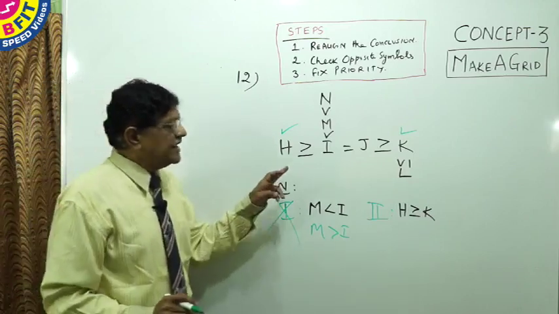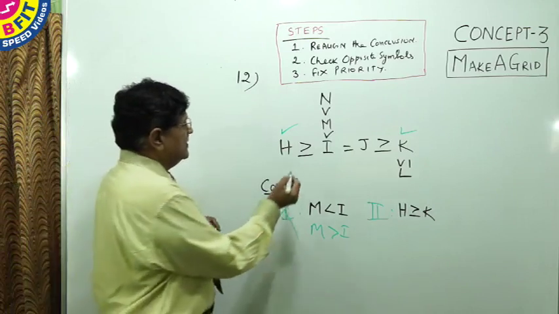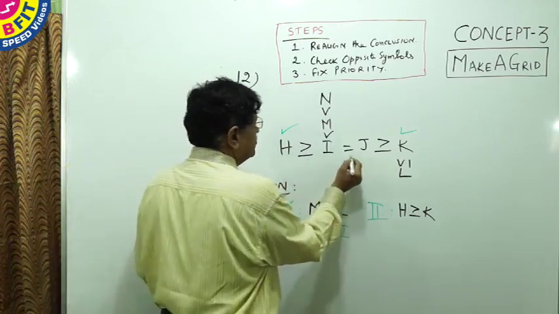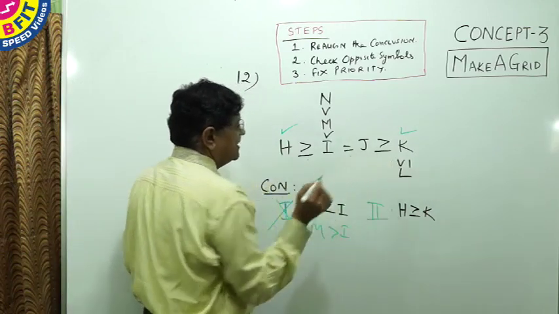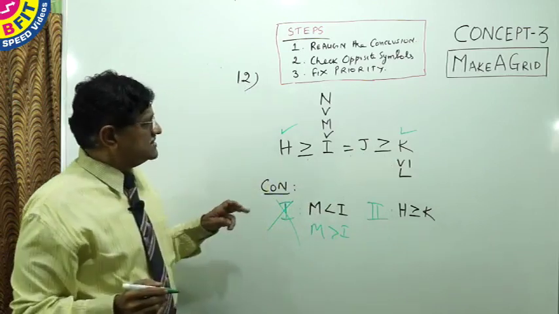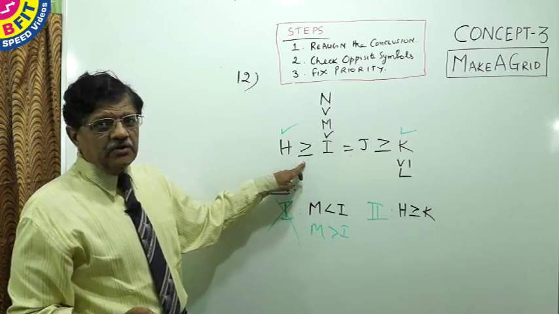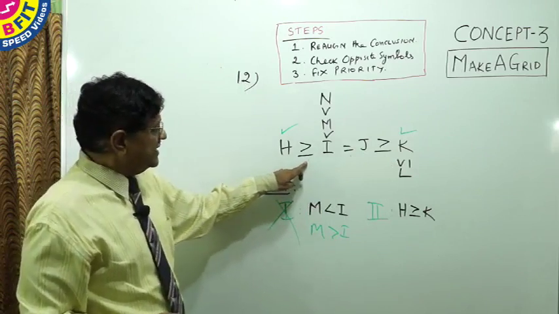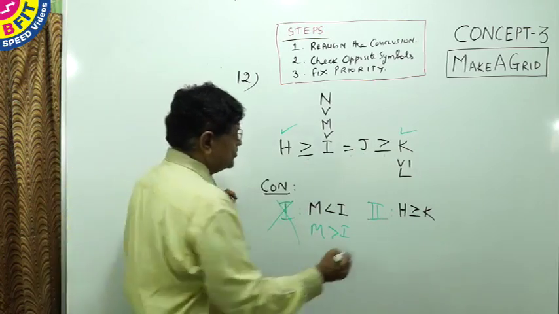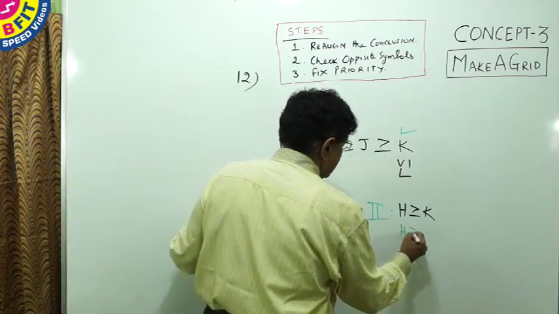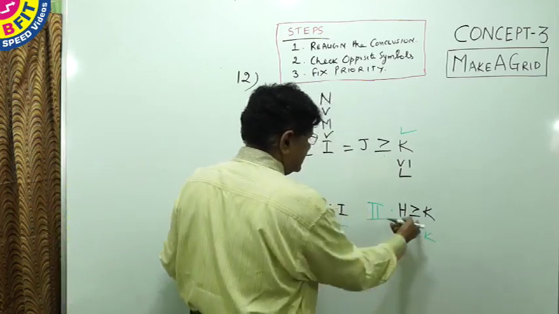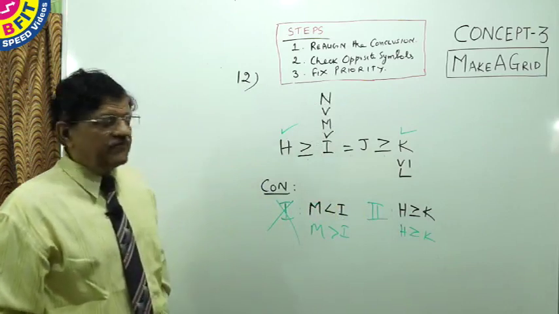Therefore, we have to only compare the symbols now. The symbols are greater than or equal to, is equal to, greater than or equal to. No conflicting symbol between is equal to and greater than or equal to. It has got higher priority. Therefore, the correct conclusion is H is greater than or equal to K. It is exactly what we are asked to verify.